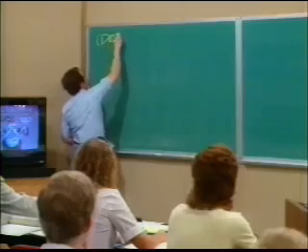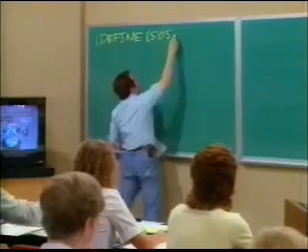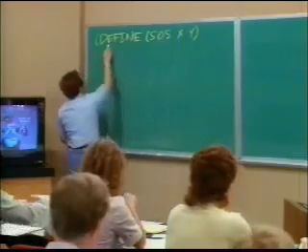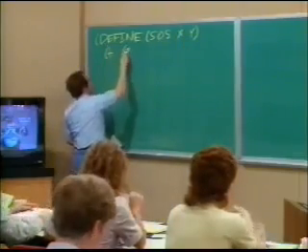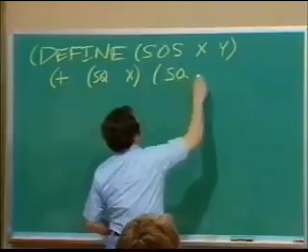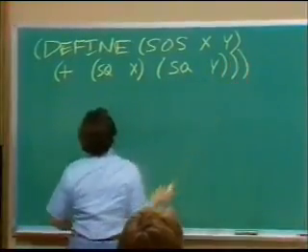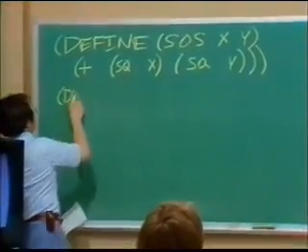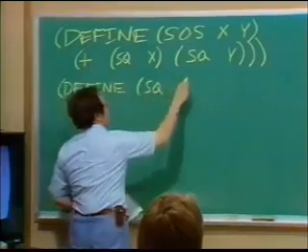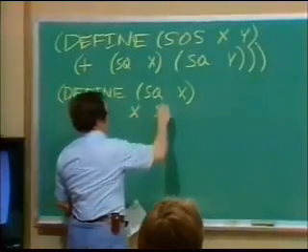I will define the sum of the squares of x and y to be the sum of the square of x, I'm going to write it that way, and the square of y, where the square of x is the product of x and x.